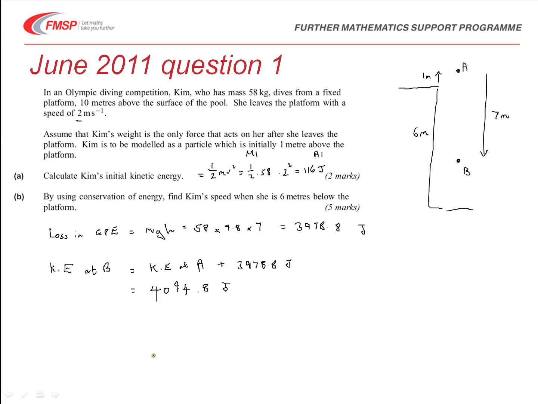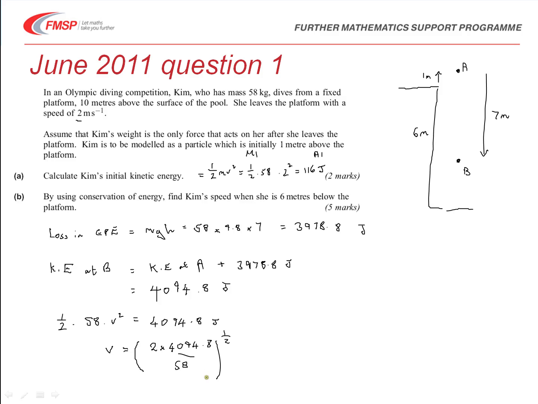But we know that the kinetic energy at B is also equal to a half mv squared. So we can say that a half m, which is 58, times v squared must equal 4094.8 J. So v must be equal to, well, double both sides, so it's 2 times the 4094.8, and then you've got to divide it by 58, and then that answer has got to be square rooted, so that's to the power of a half.